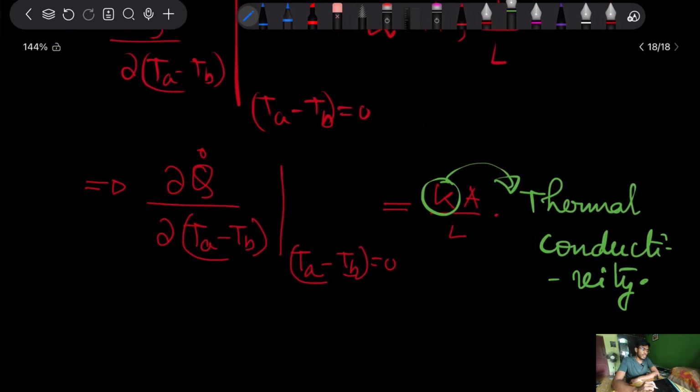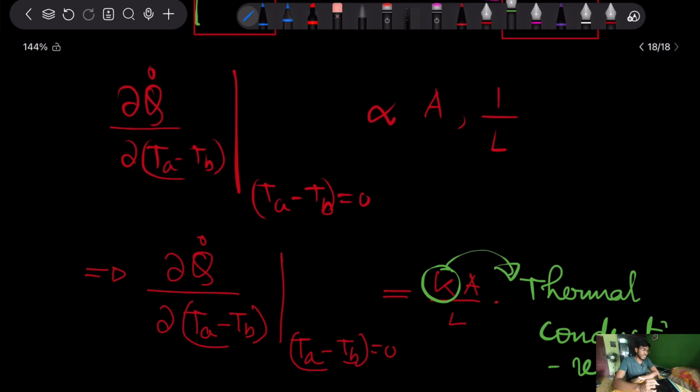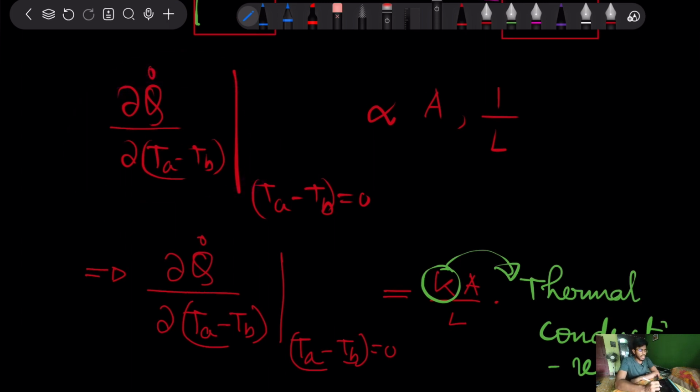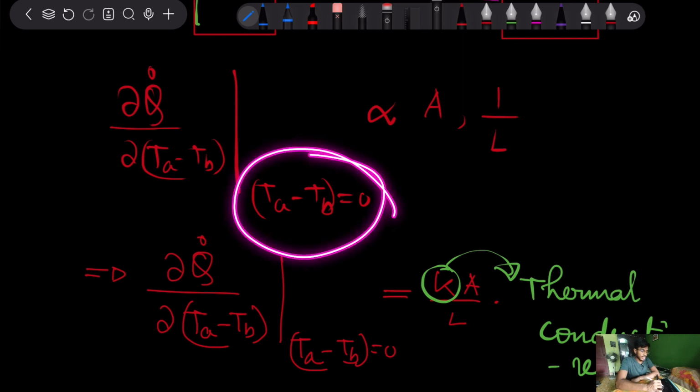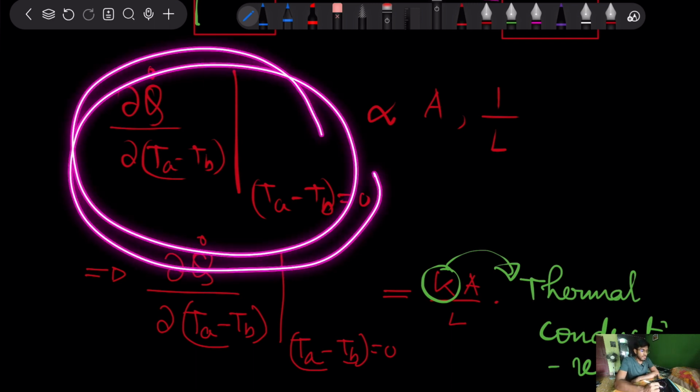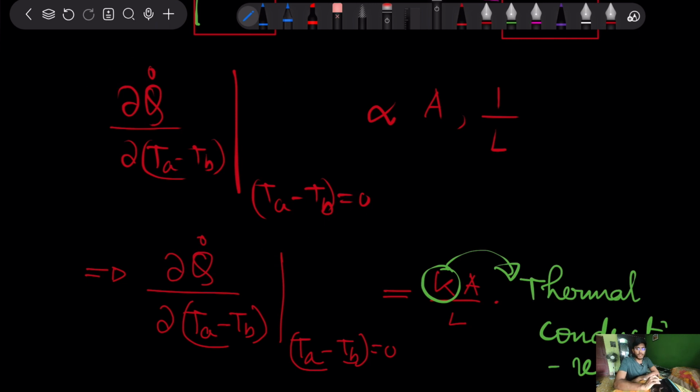Now you see a very subtle fact: this function is evaluated at Ta minus Tb equal to 0. If Ta minus Tb is equal to 0, then the bar is at equilibrium. Therefore this must be a property of the bar.